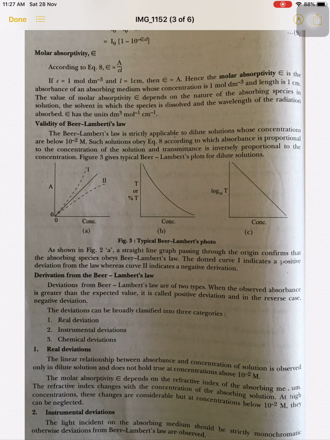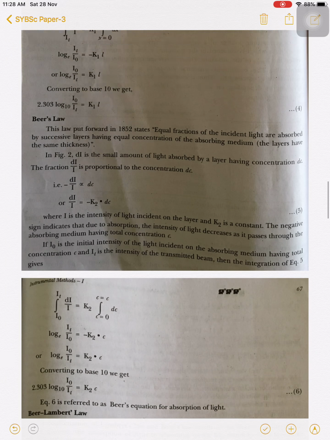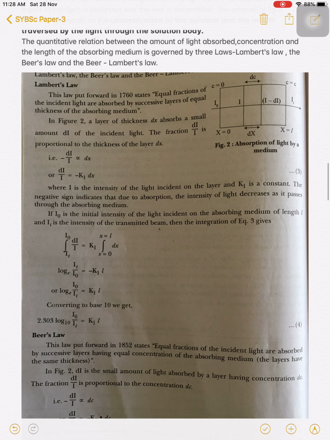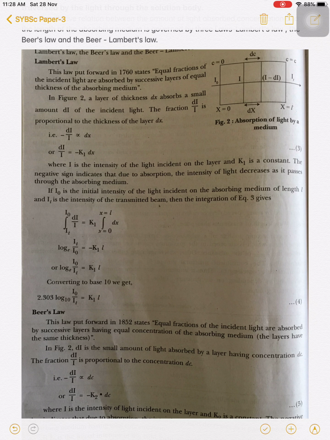So just now we have seen what is meant by Lambert's law. According to this law, equal fractions of incident light are absorbed by successive layers of equal thickness of the absorbing medium, and according to Beer's law, the light absorbed by the absorbing medium is directly proportional to the concentration of the absorbing medium.